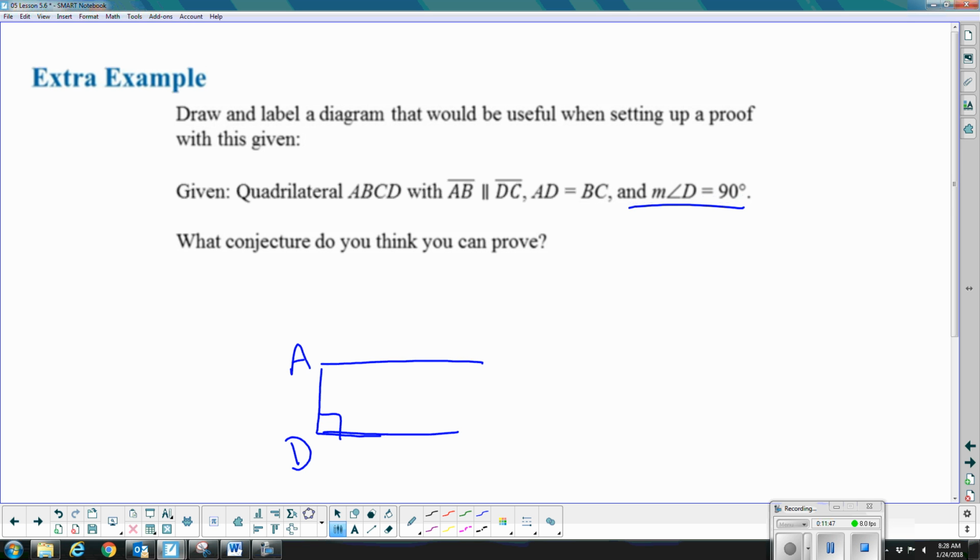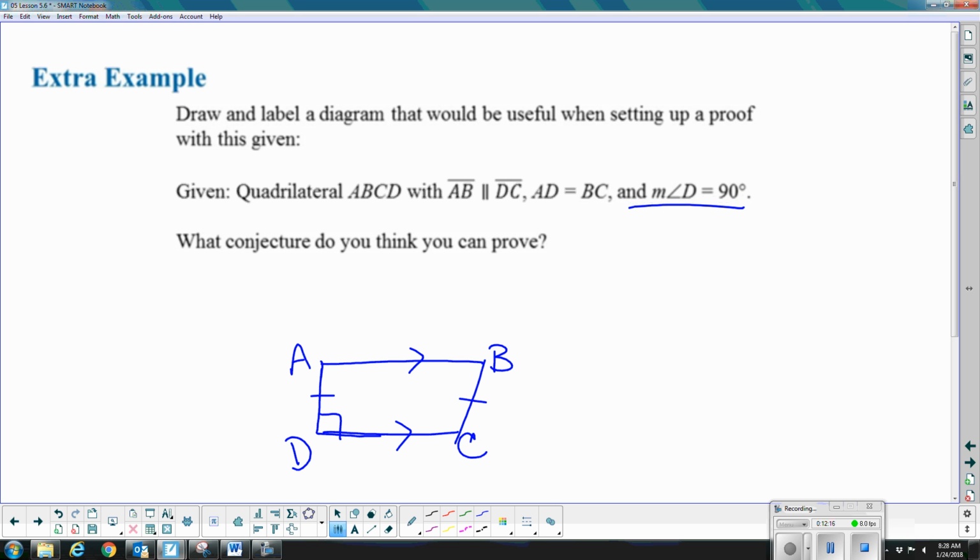So here's AB, here's DC, those are parallel. And we know that AD and BC are congruent. So again, it's often useful to start with the end, but it's very important to read the whole thing first.